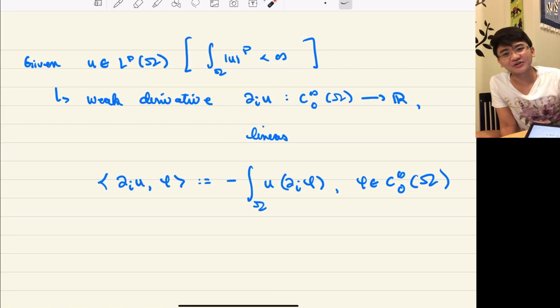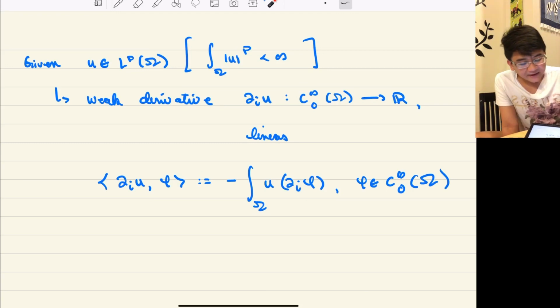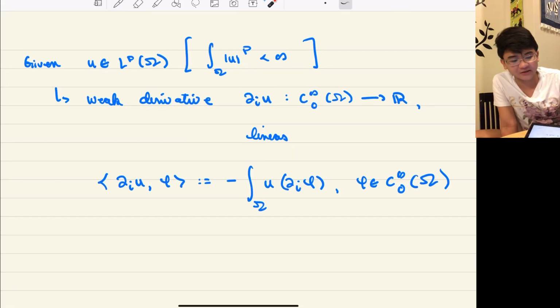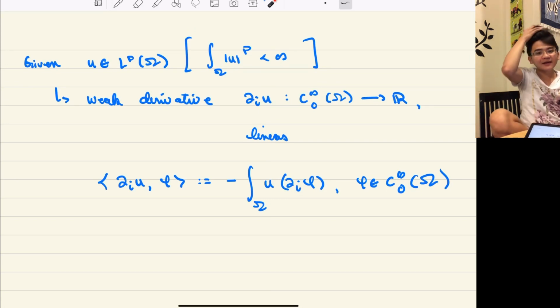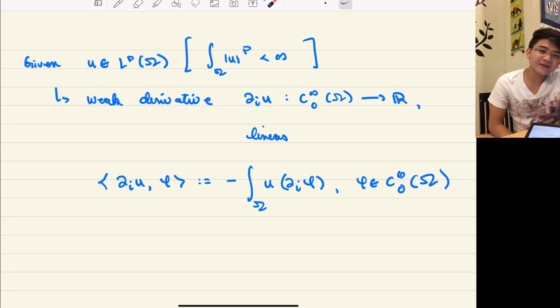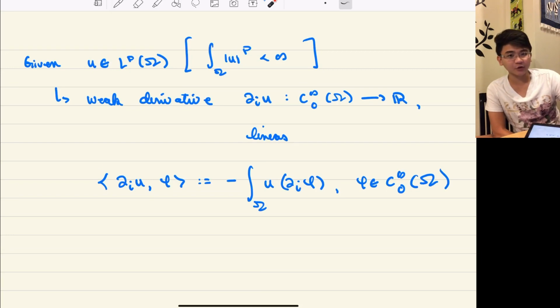And its action, when you evaluate this at phi for phi in C infinity 0, is this one. Note that this is well defined if u is in L^p, just by Hölder's inequality. So what I want to say is, even if u is just in L^p and you don't have any differentiability properties, it still makes sense to talk about the weak derivative of u.